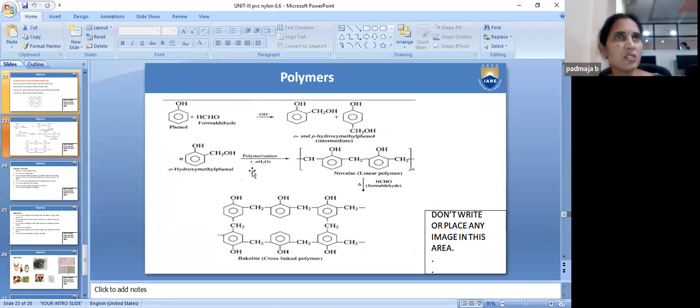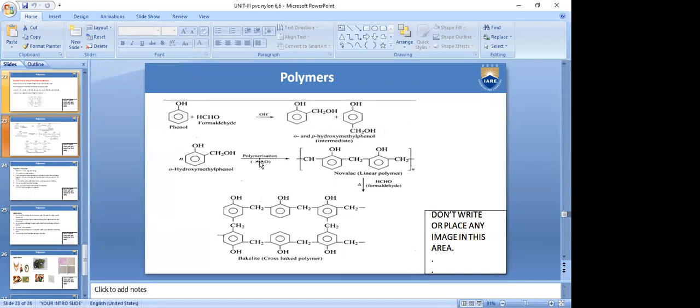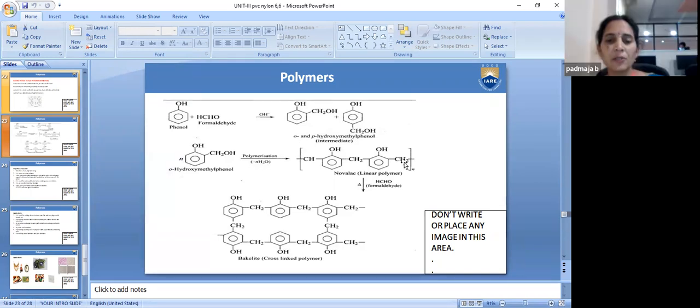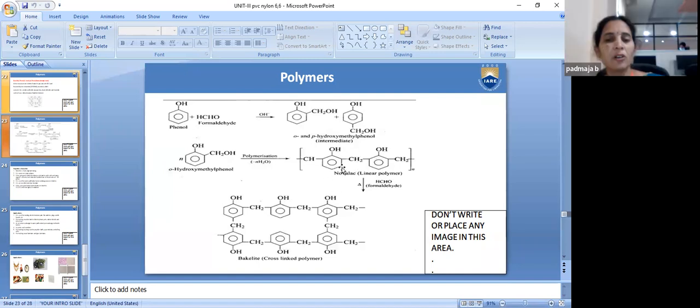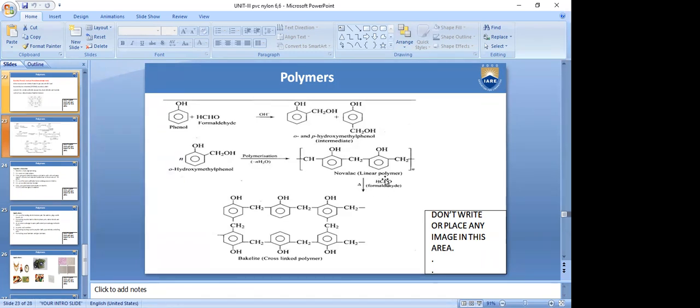What type of polymerization is taking place here? Condensation, so removal of a water molecule is taking place. What type of structure did you get? Linear polymer. What is the name of that structure? Novolac. To this Novolac structure, what are you adding? Formaldehyde, and also a catalyst.